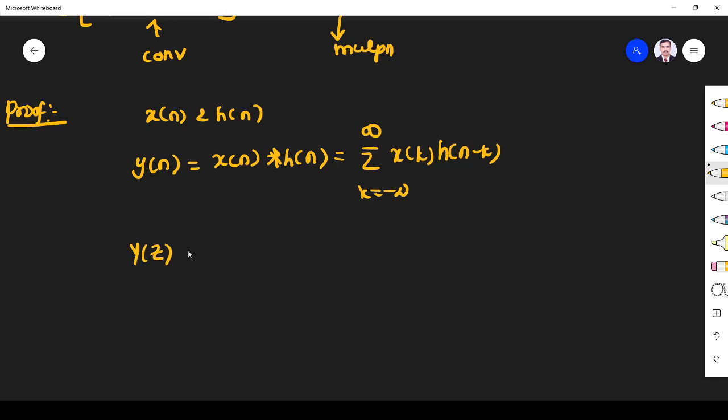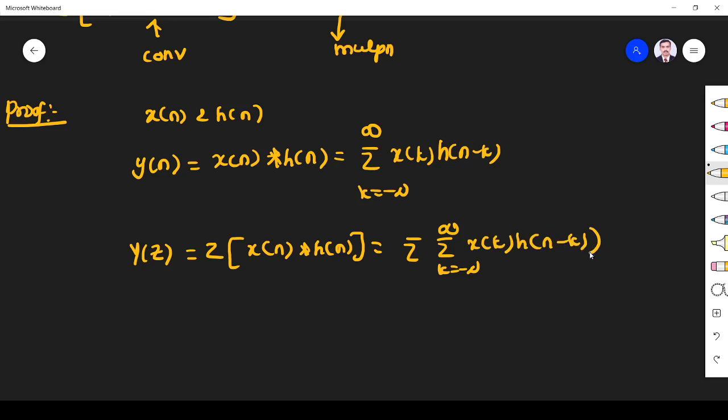So Y of z is equal to Z transform of x of n star h of n. We know Z transform is the summation of x of n z power minus n, where n goes from minus infinity to plus infinity. Instead of x of n we have x of n star h of n, which is the summation over k from minus infinity to plus infinity of x of k h of n minus k.